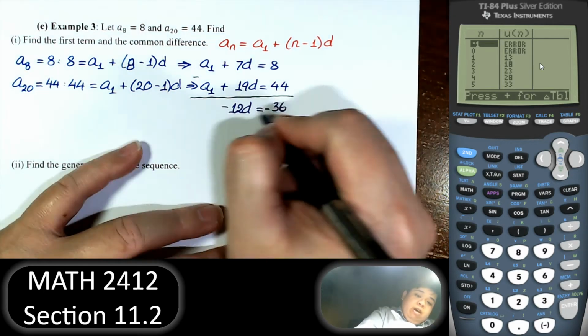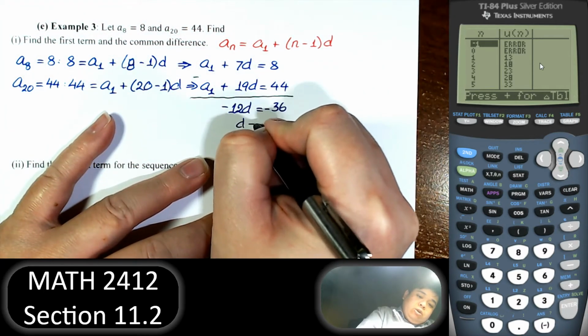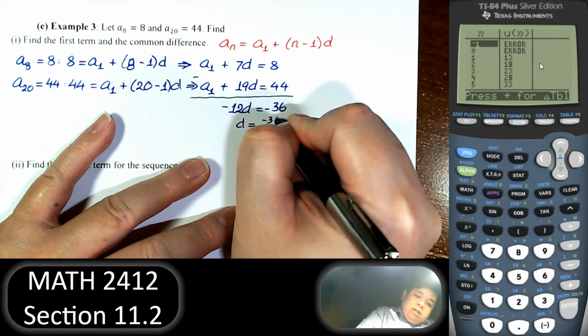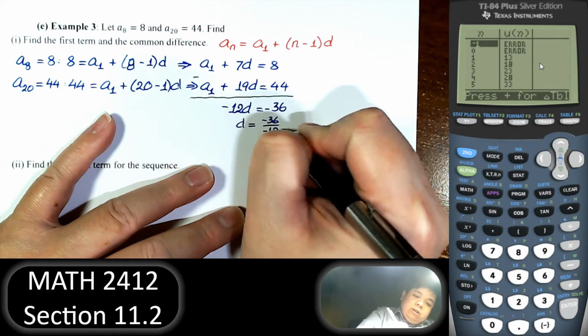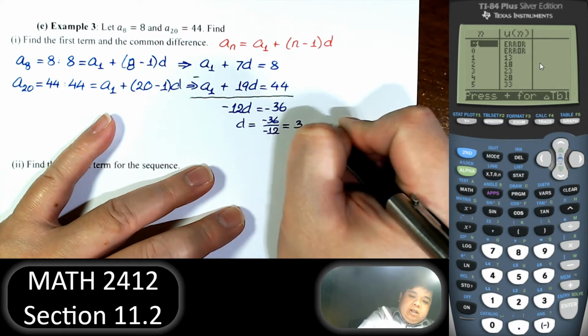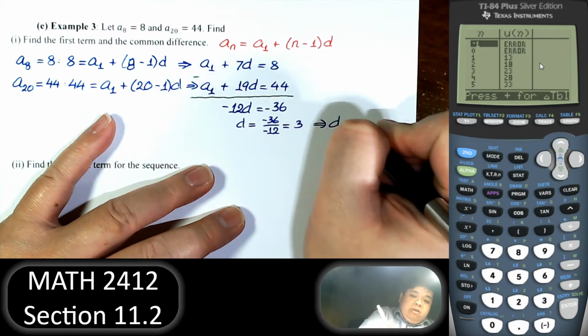Right, so divide by negative 12 on both sides, so d is equal to negative 36 over negative 12, which is equal to 3, so d is 3. The common difference is 3.